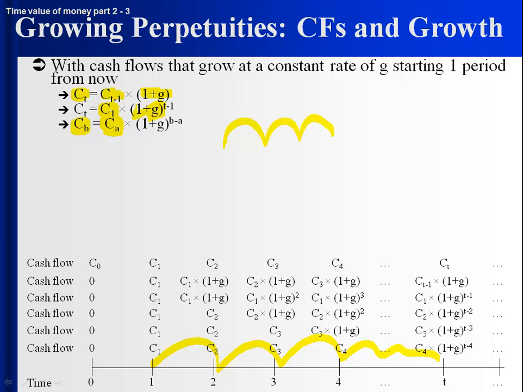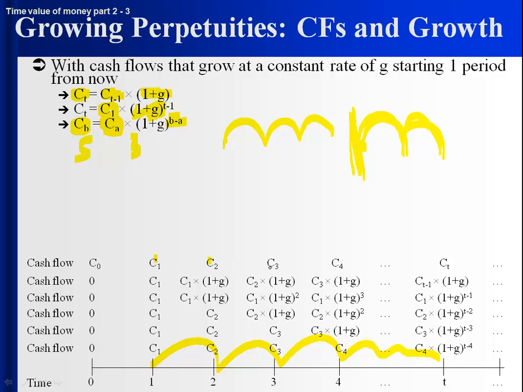But for how many periods is it from a to b? It's just b minus a. So if this was time 3 and this was time 5, it would grow 5 minus 3, 2 times. So at time 3 you'd have that, time 4, time 5, it'd be whatever it is at time 3 times 1 plus g squared.